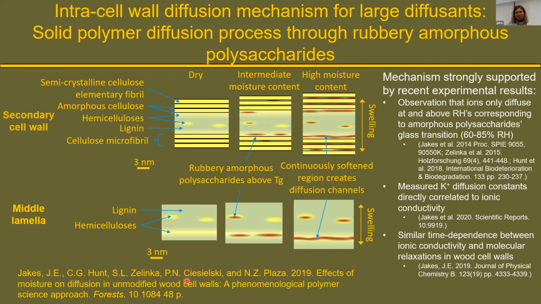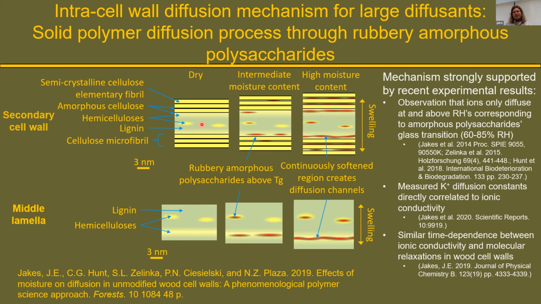So these experiments were really critical to our discovery of what the actual intercell wall diffusion mechanism is in wood cell walls. That mechanism is shown here in this really simple schematic where you have your cellulose microfibril and your hemicelluloses and lignin in the matrix.